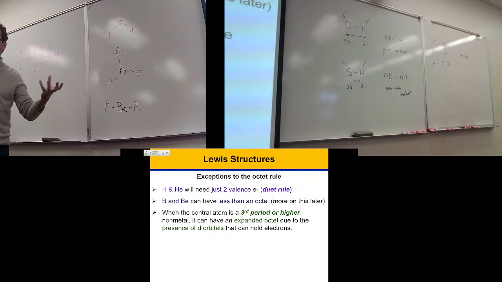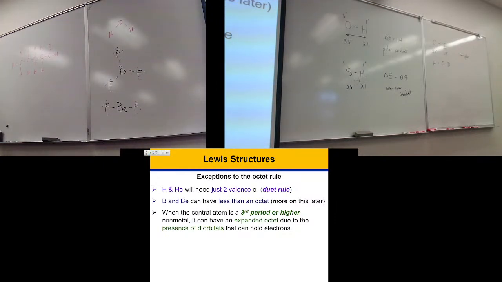The third shell is where the d orbitals begin, right? So there's no such thing as a 2d orbital, but there is a 3d orbital. We don't fill it until we get to the transition metals, but even in row 3, the 3d orbitals exist. They're just empty. So if you have to put extra electrons, they can fit into the d orbitals, and that's why you can break the octet rule that way.